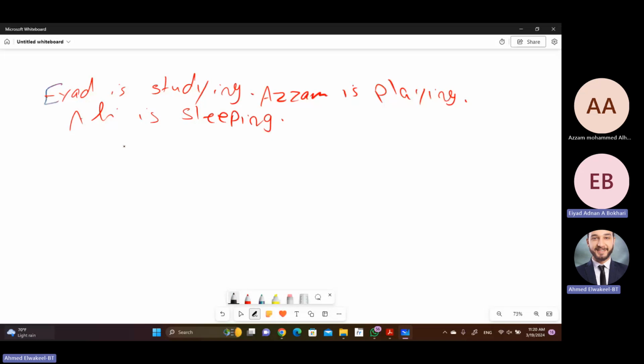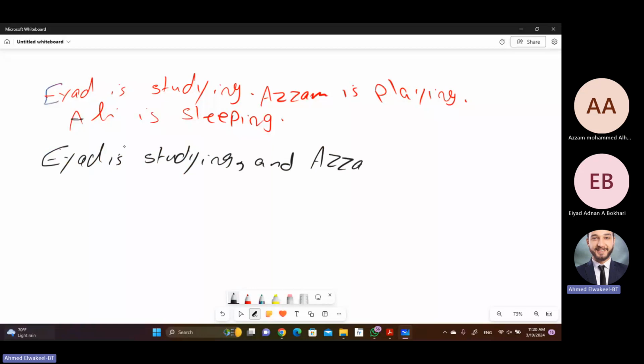Of course. So let's combine all of them into a compound complex sentence. What do we need to do? To make the compound sentence, I'll use a FANBOYS conjunction first. Iyad is studying, comma, and Azam is playing math games.